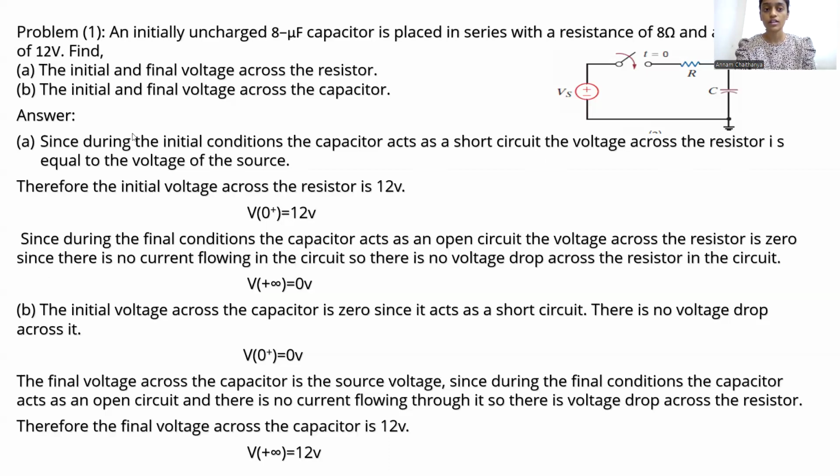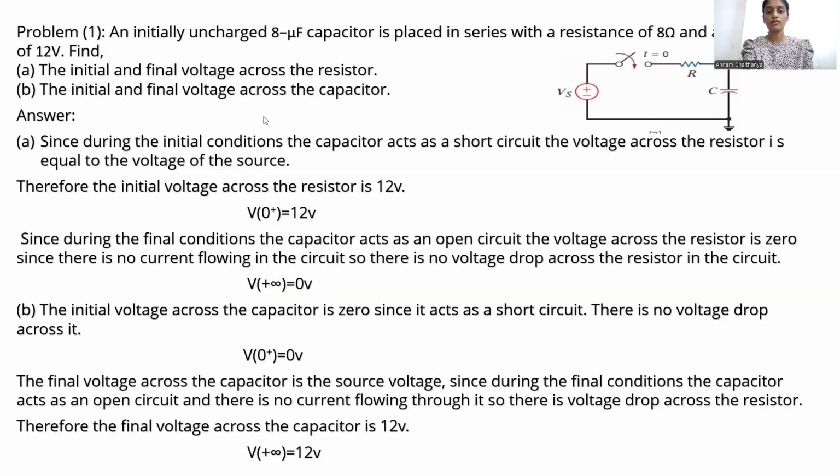And in the same question, we have to find the final voltage across the resistor. Since during the final conditions the capacitor acts as an open circuit, there is no current flowing in the circuit, so there is no voltage drop across the resistor. So the final voltage across the resistor is 0 volts.